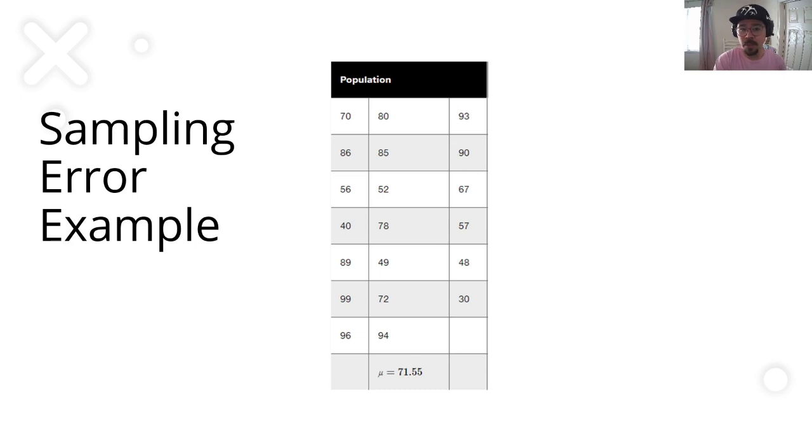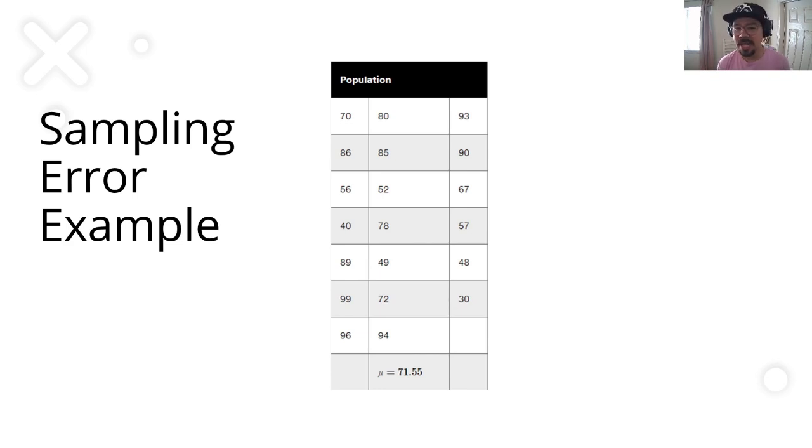If you pause the video right now and add up all the numbers that are representative of this population of test scores and then divide by how many there are, the average test score should be 71.55. All right, that is the average of these test scores in this population.